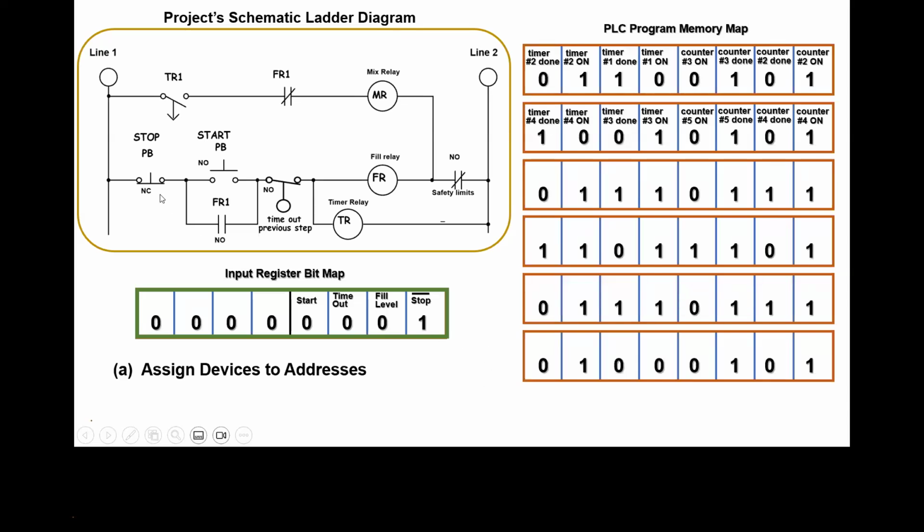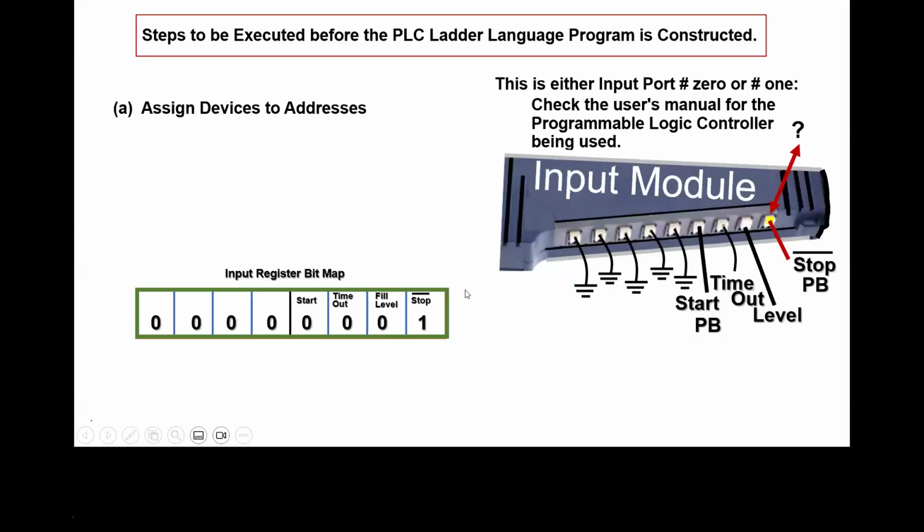There is a stop idea, there's a start idea, there is a timeout idea, and there is a level full idea, which is not implicit here, by the way, because what's the sense of filling something if it doesn't get full? So you need a sensor for that. These registers here are additional registers that are inside the PLC. I just didn't show you the green one or the red one.